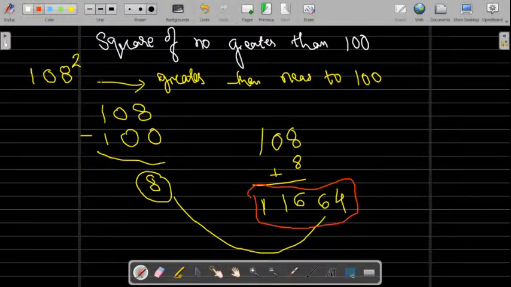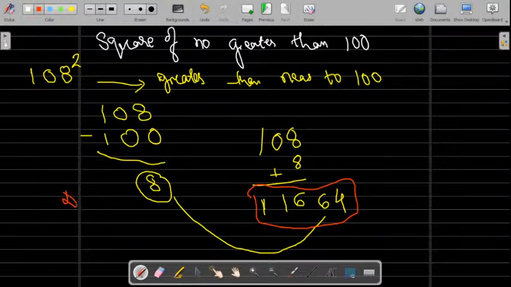So first what to do? If the number is greater than 100 or near to 100, then subtract 100 from that number and you will get a difference.